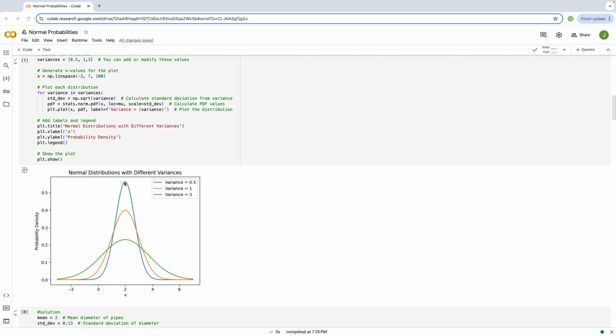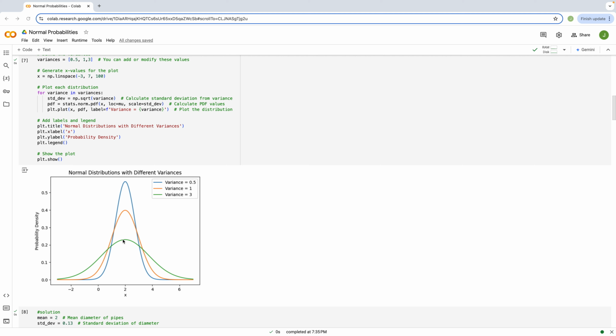Here I have graphs all with means of 2, and the variation, or the standard deviation, remember standard deviation is the square root of variance, are all different here. We can see the smaller variance, this blue curve, makes it the most likely that an event occurs at 2. So smaller variance is better.